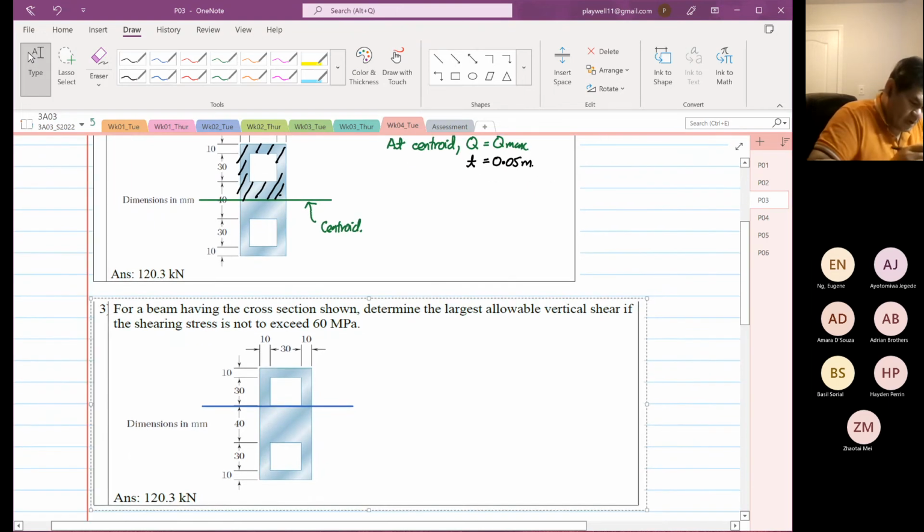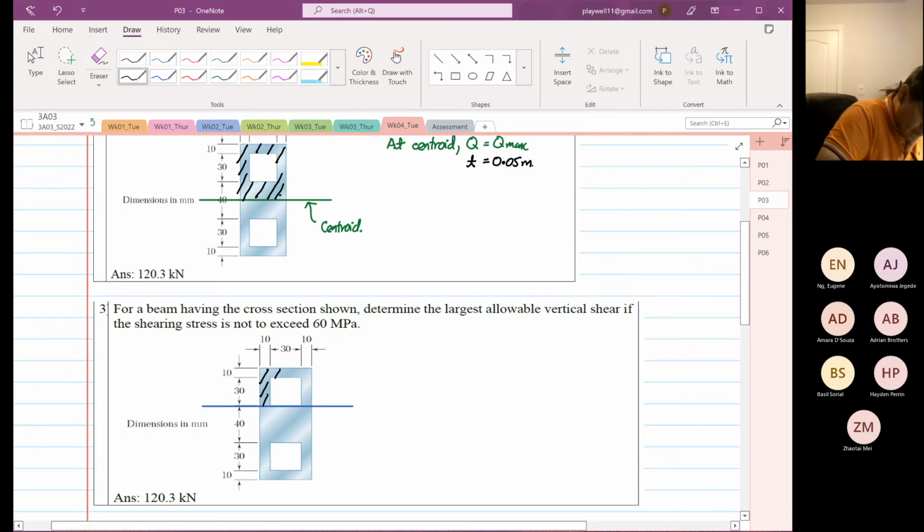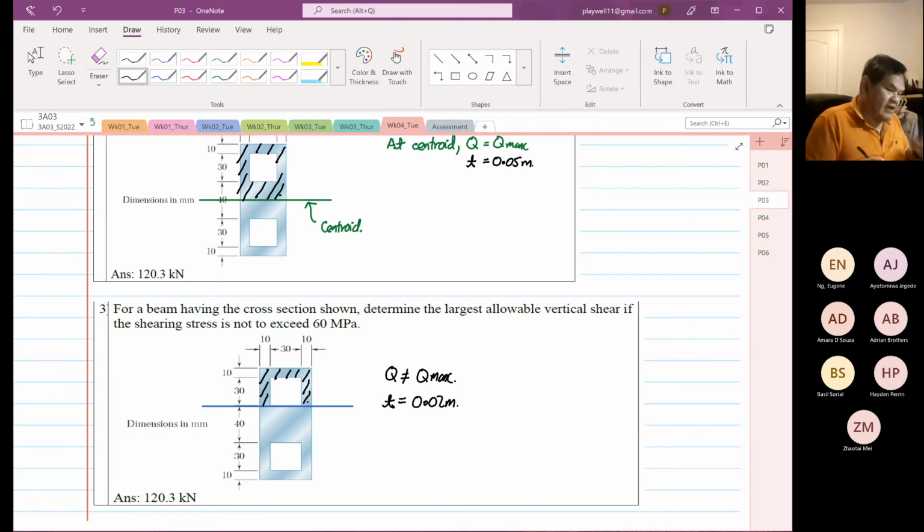This is not at the centroid, so the first moment of area Q is not equal to Q max, because the centroid is where Q max is. However, t is equal to 0.02 meters. So it has a lower thickness than at the centroid.